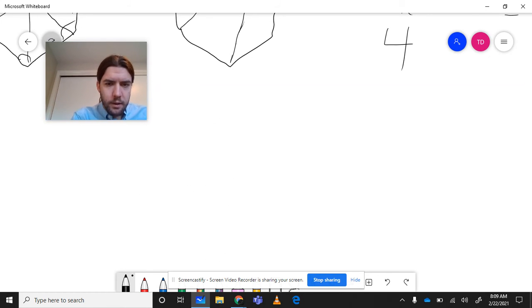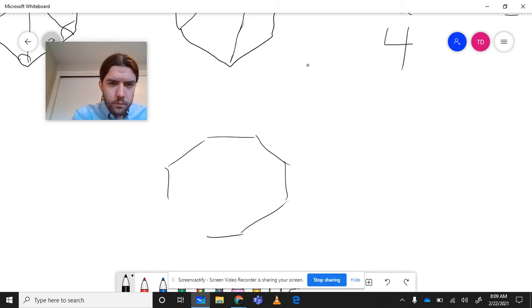Let's test that out with a 7-sided shape. Or let's go to 8. Probably draw that a little better. Okay, so I am predicting that I will make 6 diagonals. And I should, right? Because I'm going out to every corner other than the two I'm right next to.